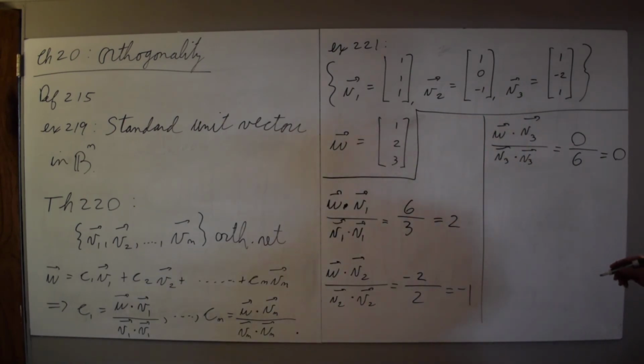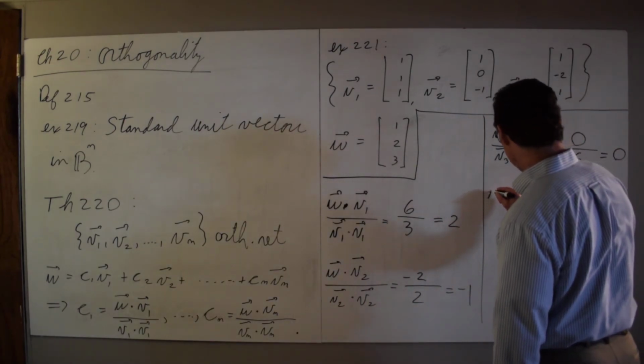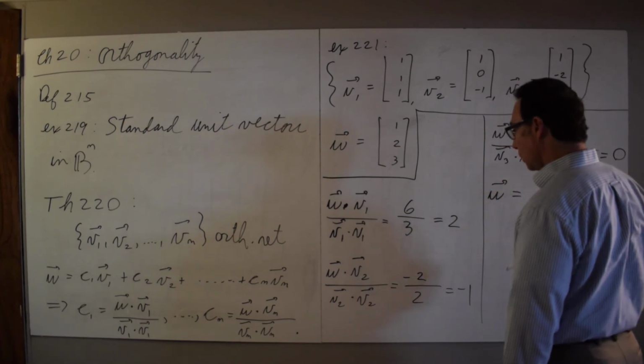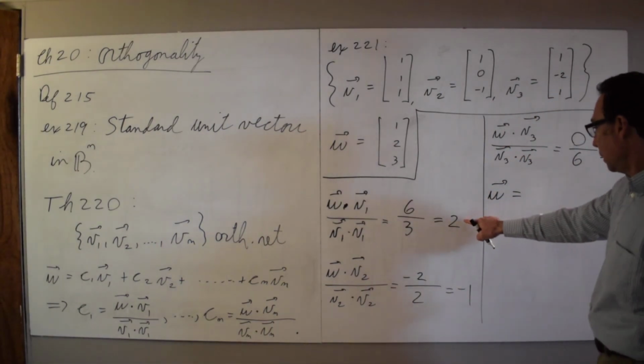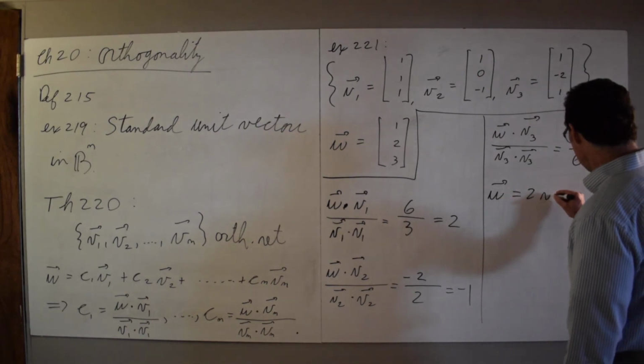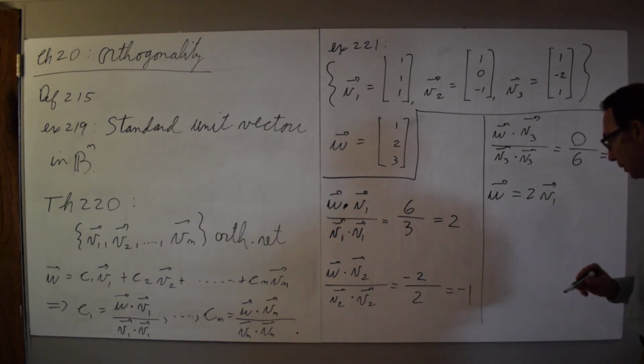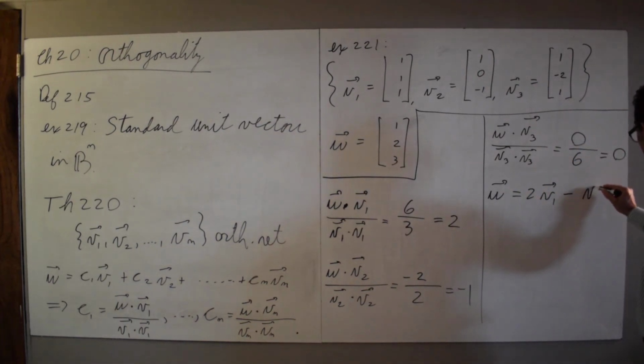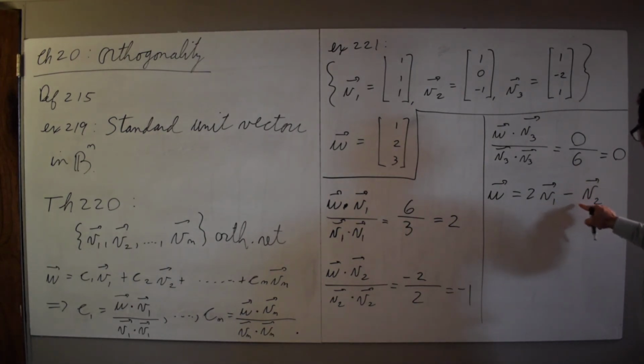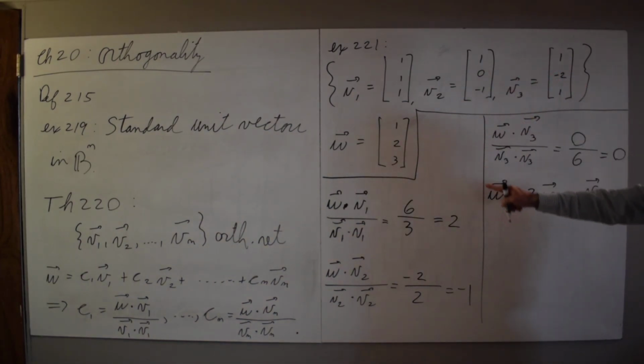This tells us that W is going to be 2 V1 minus 1 V2. And you can verify that for yourself. That W is 2V1 minus V2, well, plus 0 V3, but we don't have to write the 0 V3.